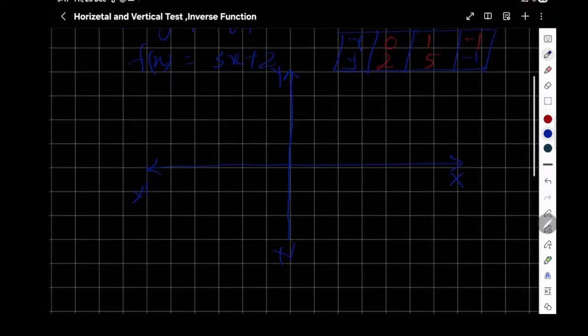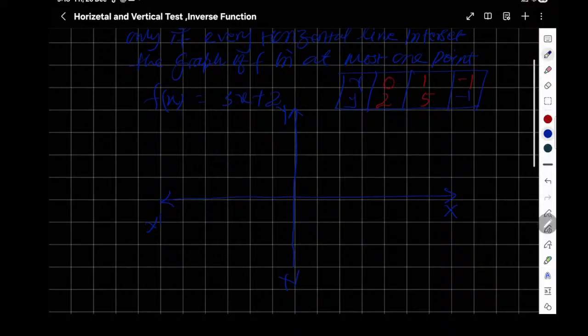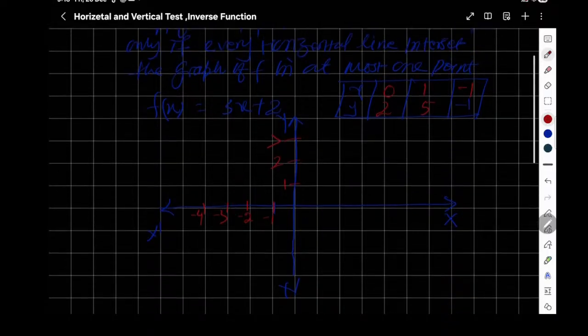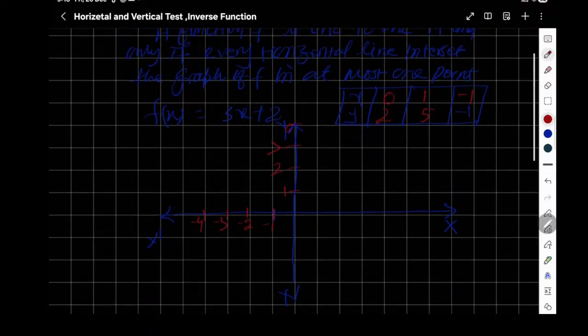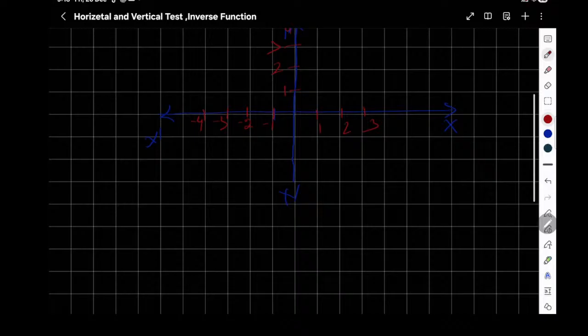This is very simple. Here I put -1, -2, -3, -4 on one side, and 1, 2, 3, then 4 and 5 on the other.